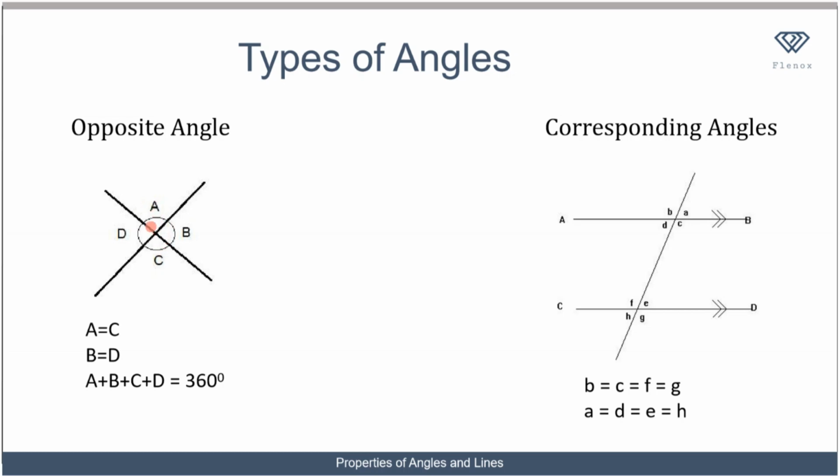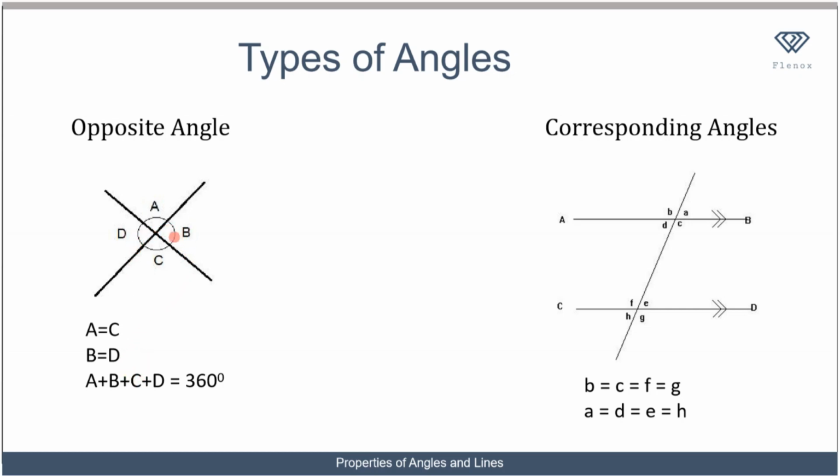So in this case, you just look at the angles that are opposite to each other. Here you have A and C being opposite, and based on that, A must be equal to C. Similarly, D and B are opposite, and what does that mean? It means that B must be equal to D.